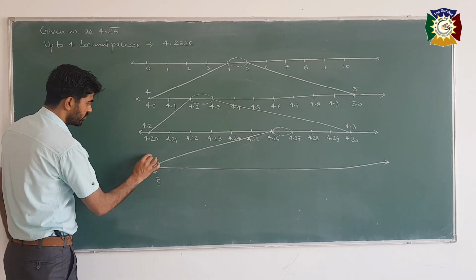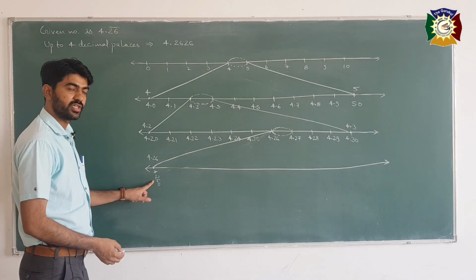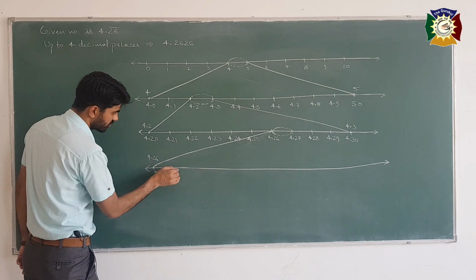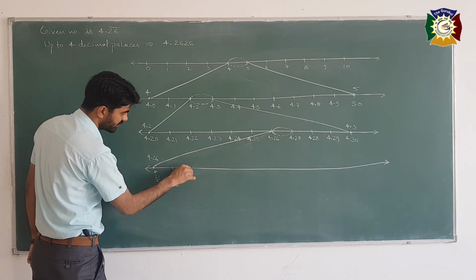So I am writing 4.260. 4.26 can be written as 4.260. Next is 4.261.